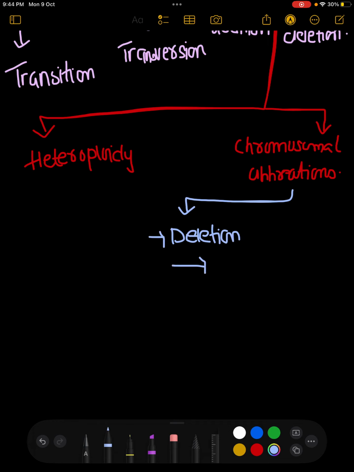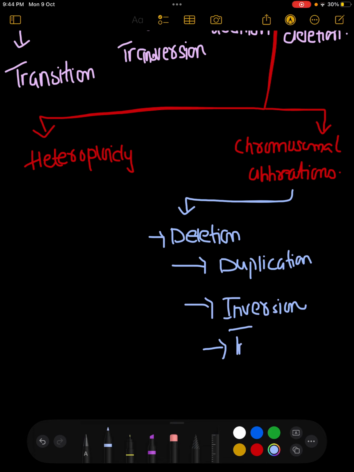First is deletion. Second is duplication. Third is inversion. Fourth is translocation.